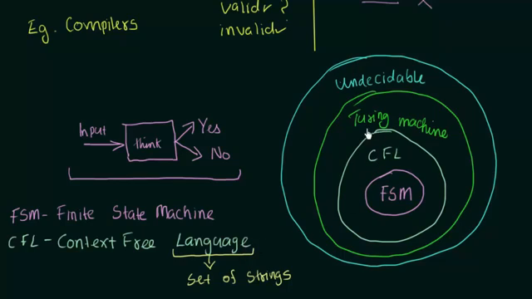And in the next layer we have something known as the Turing machine. A Turing machine is a machine that can perform high-level computations and calculations. It was designed by Alan Turing in 1940, and it is much more powerful as compared to context-free languages and finite state machines. Okay, and in the next layer we have this labeled as undecidable, and why is that?